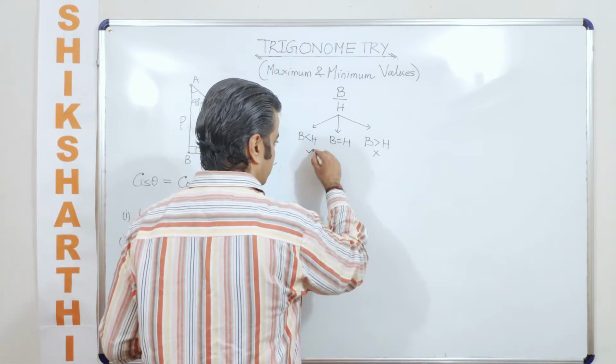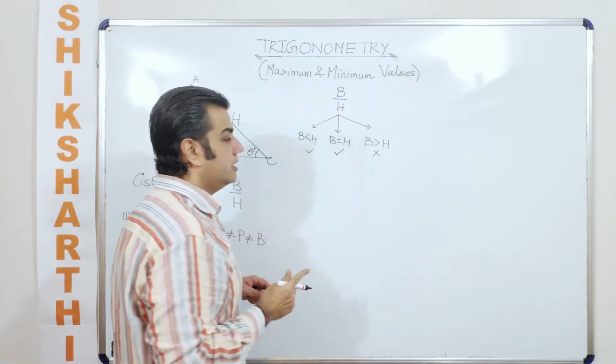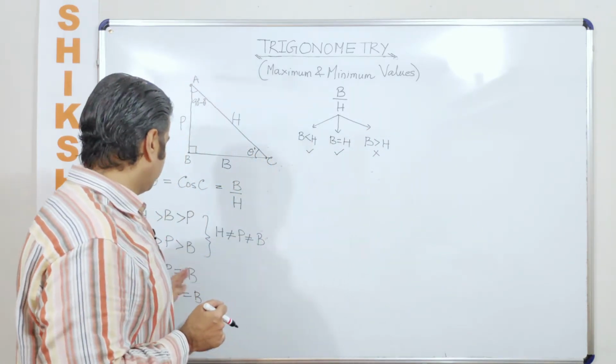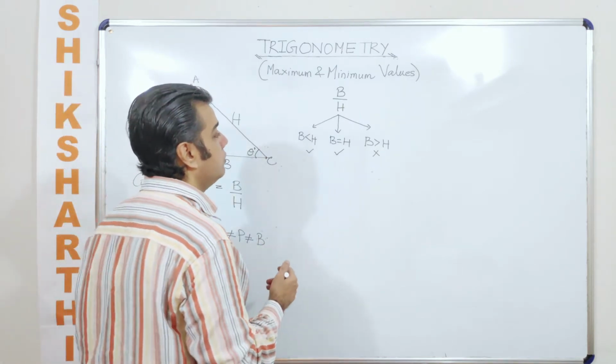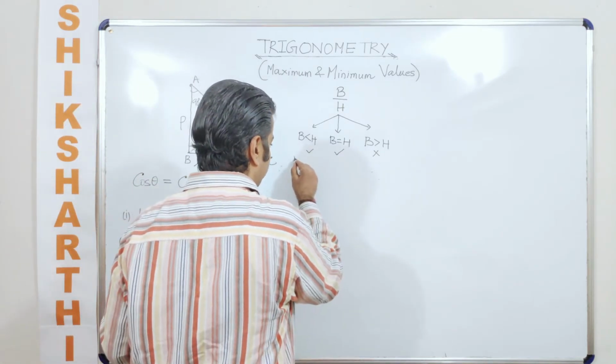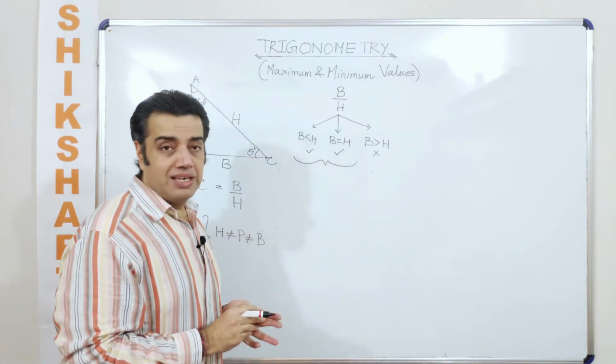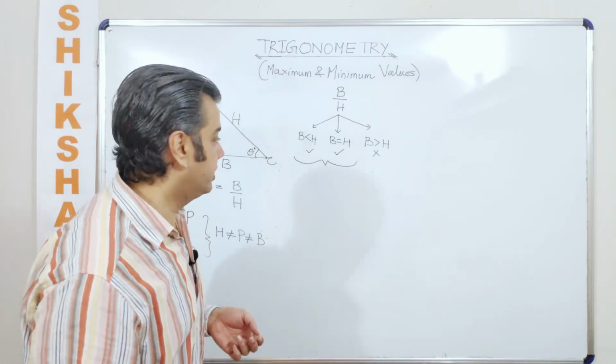So we will consider only these two cases. The cases are either H is greater than B or H is equal to B. Now we had seen that H cannot be equal to B also, but we will explore these two cases with the help of some examples that I am going to take.